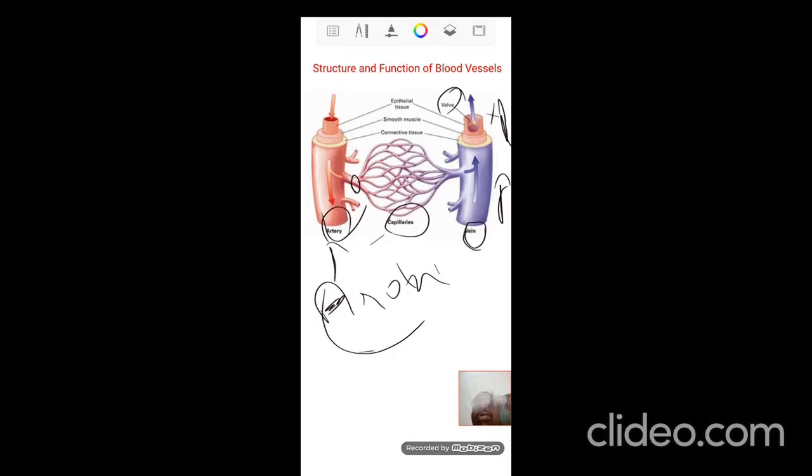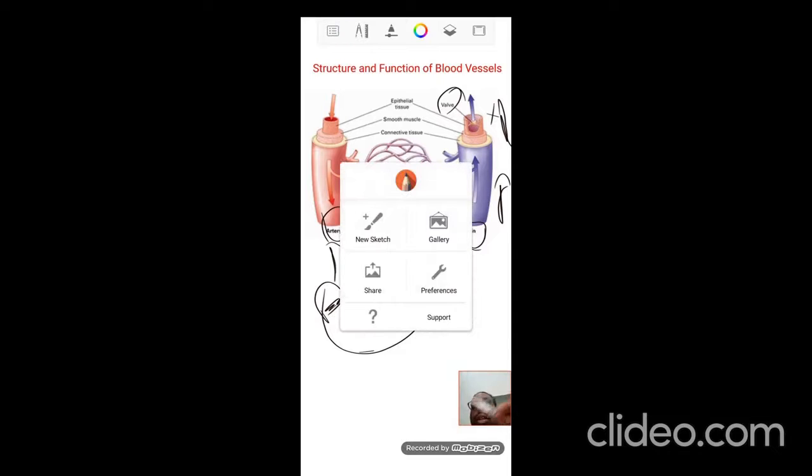A small amount of deoxygenated blood is also present. In the same way, in the veins it doesn't mean that 100% of the blood is deoxygenated. A few percent of the blood is oxygenated. These things you have to keep in mind to understand how the circulation takes place.